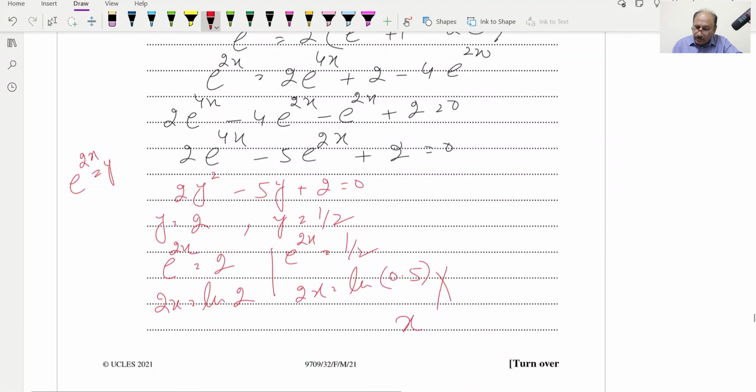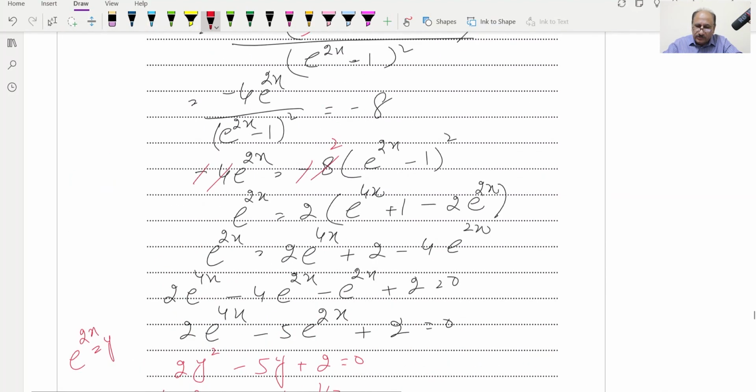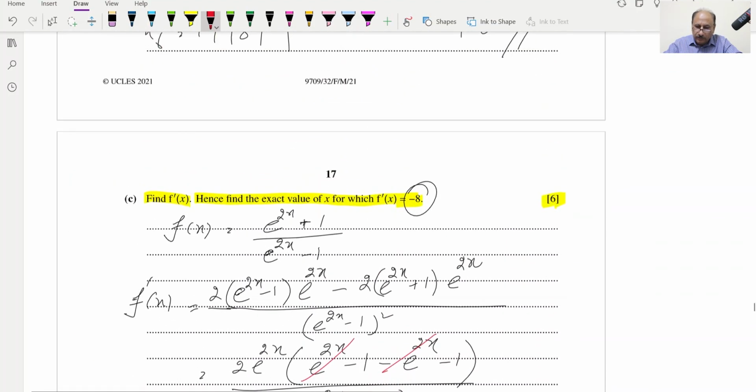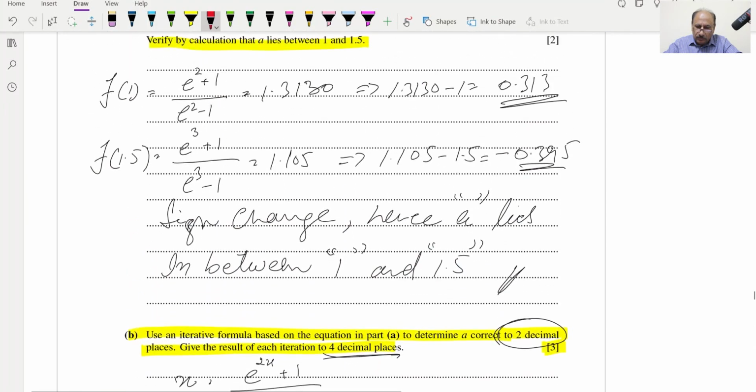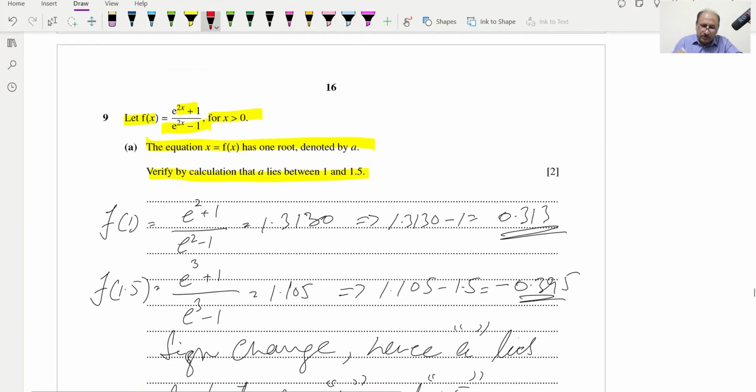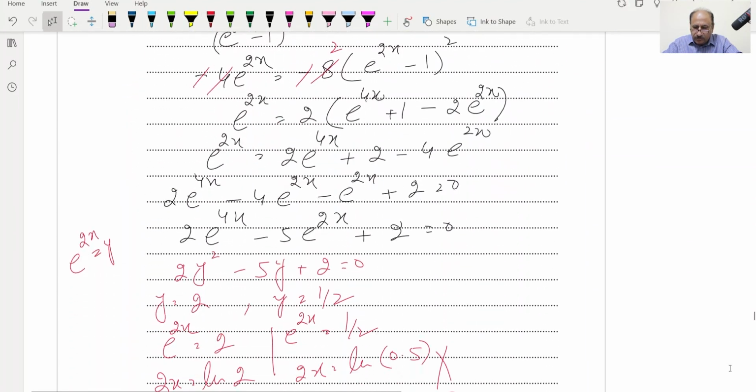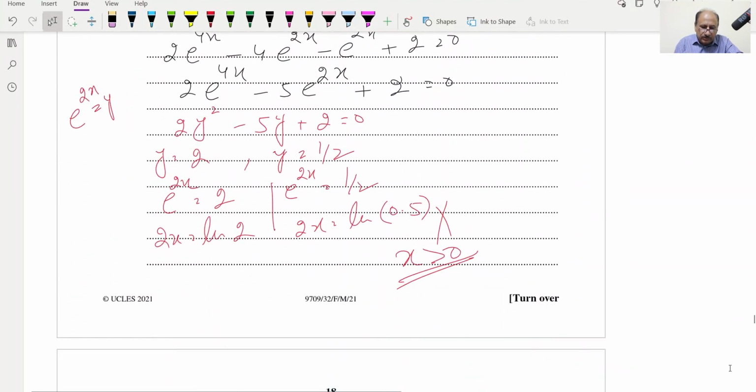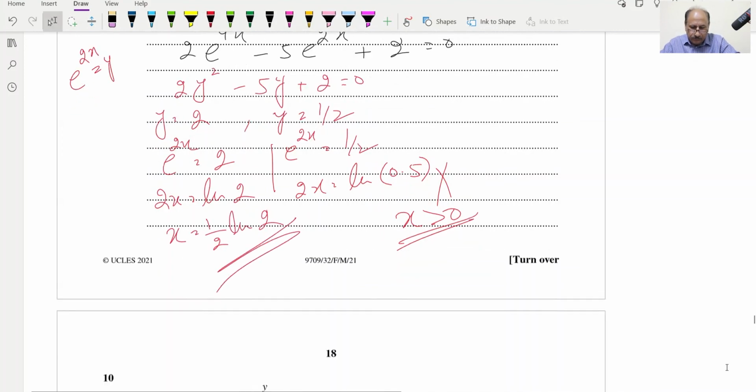Because it is given in the question that x is greater than 0, that's why we rejected this one. Now we can write x is equal to 1 by 2 log of 2, and this is the solution.